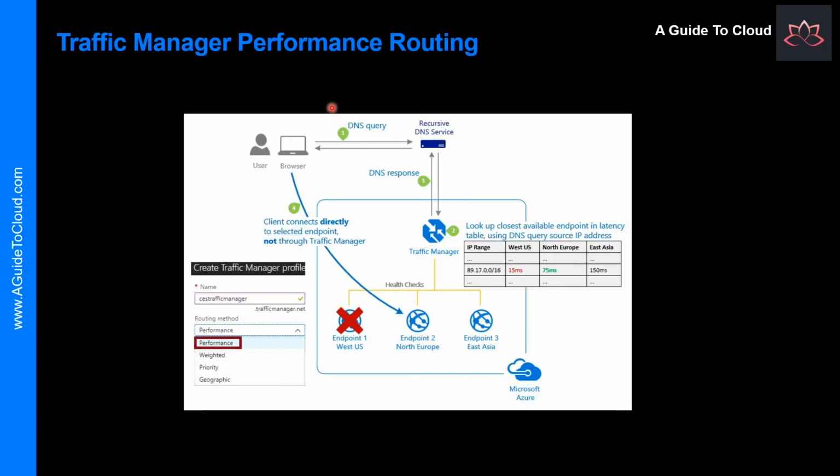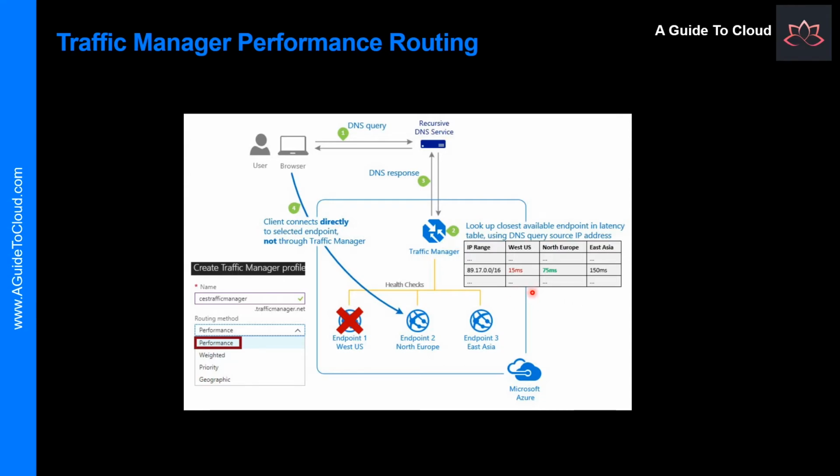So let's understand what performance routing is. The performance routing method is designed to improve responsiveness by routing traffic to the location that is closest to the user. The closest endpoint is not necessarily measured by geographic distance. Instead, Traffic Manager determines closeness by measuring network latency. Traffic Manager maintains an internet latency table to track the round-trip time between IP address ranges and each Azure data center.